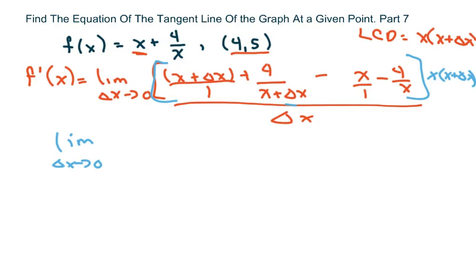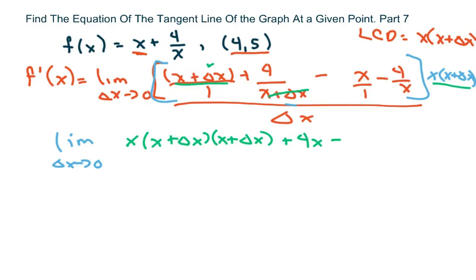So I'm going to take this part, multiply it by this. So we have x times x plus delta x times this. All right, and the next piece is going to be just 4x, because this part would have canceled out with that.